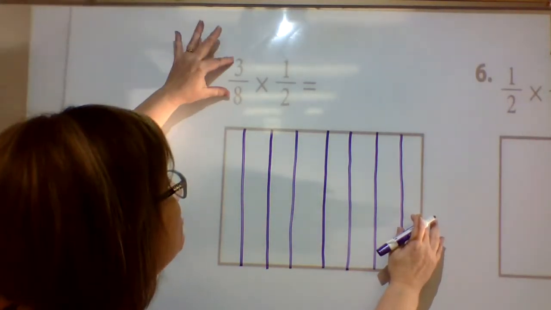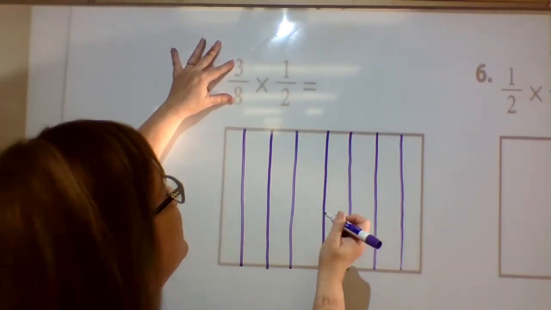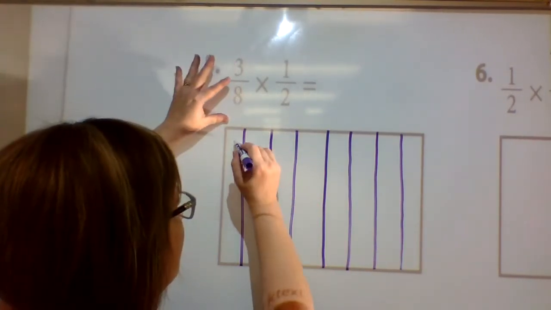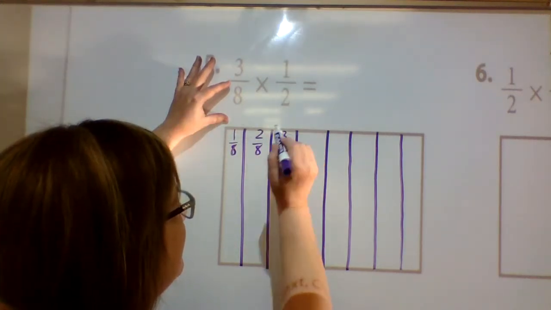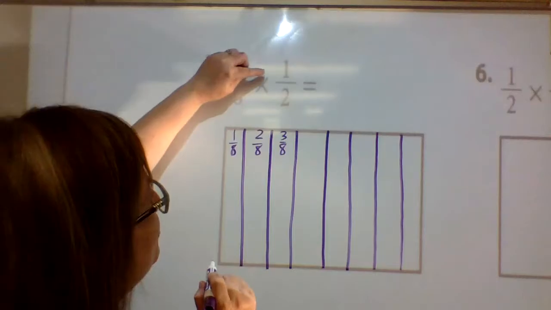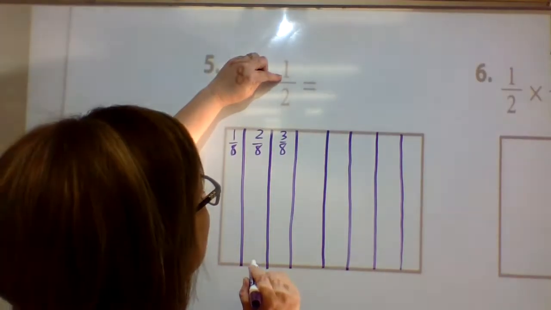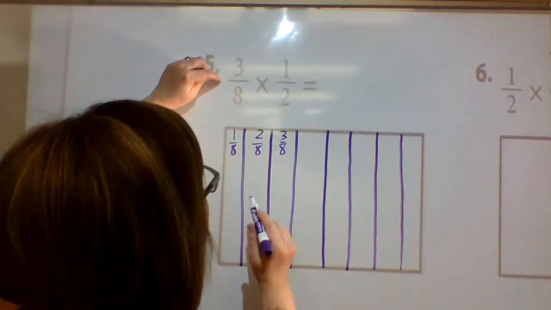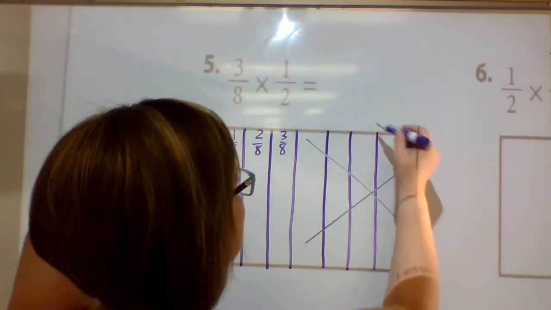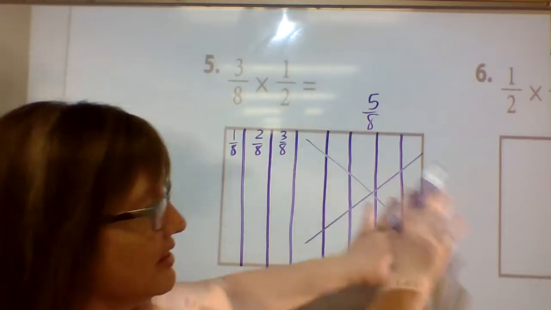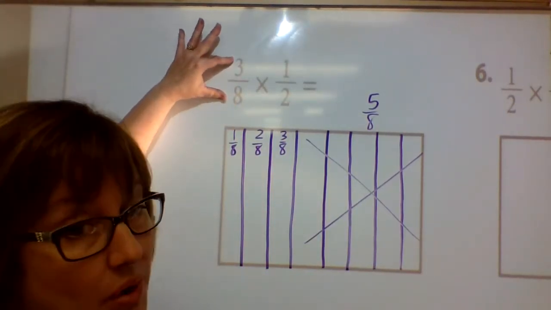But we're only working with 3 of those. So let's do these 3 right here. 1/8, 2/8, 3/8. So forget about these. This is the other 5/8 that's not in the problem because we're only working with 3/8.